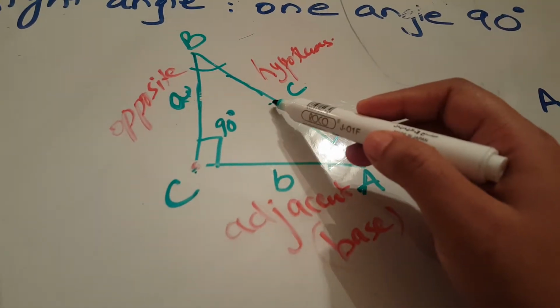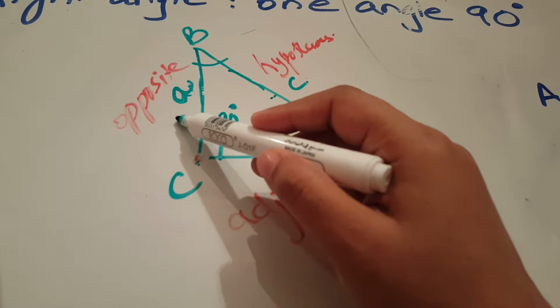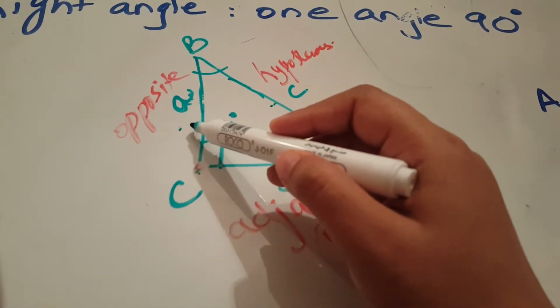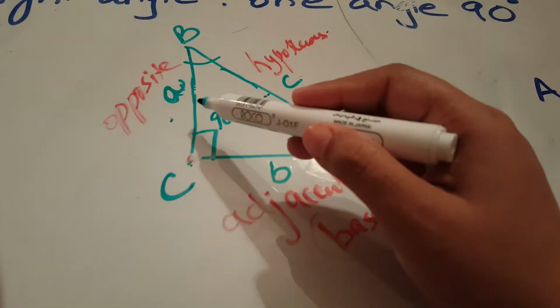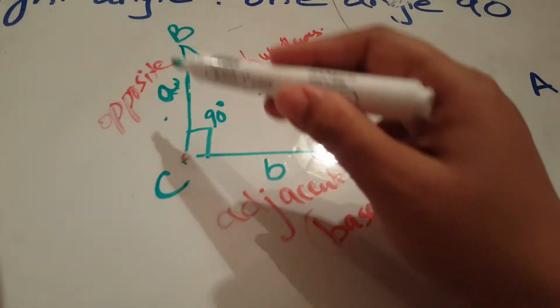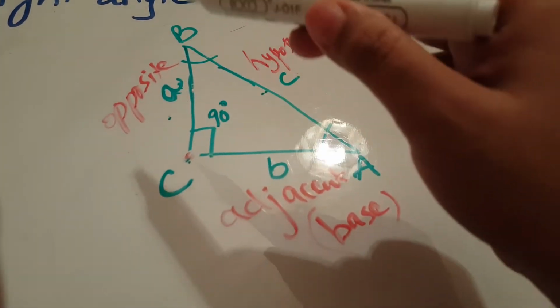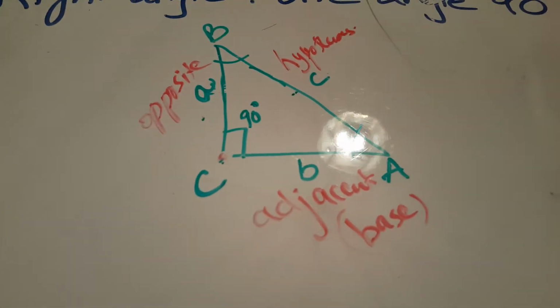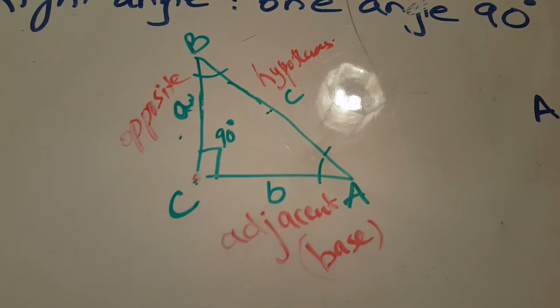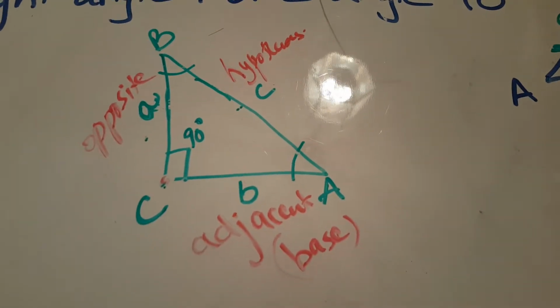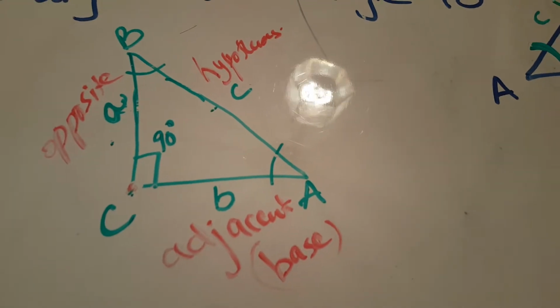The side which is opposite to the angle, we call perpendicular or opposite, and the side which is adjacent to opposite is adjacent, or we call it base. This will actually take us to one very important conclusion, which is the Pythagoras theorem.